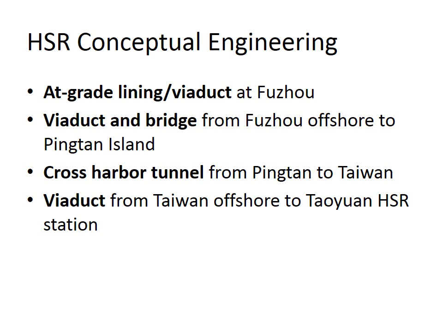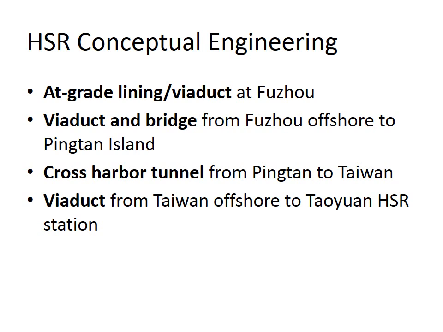Let's continue with the conceptual engineering regarding the high-speed railway construction. Mainly there will be four types of structures proposed on the Fuzhou to Taipei high-speed railway, which are the at-grade lining, the viaduct and bridge, the cross-harbor tunnel, and the viaduct. The at-grade lining and viaduct will be the main components in the Fuzhou area.